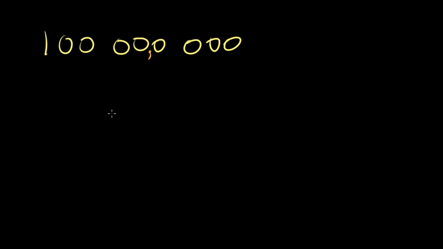Again, we have to put a number in front of it. So ichi, and this is the character. Ichi oku. So 200 million would be ni oku. 300 million would be san oku.